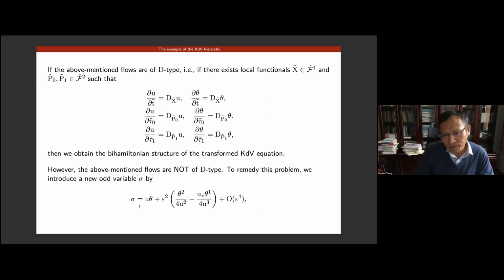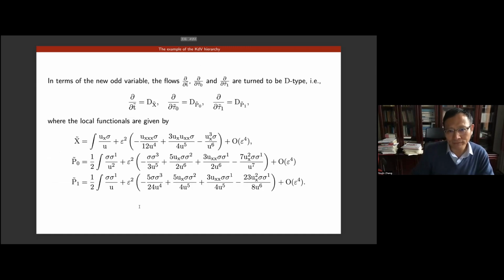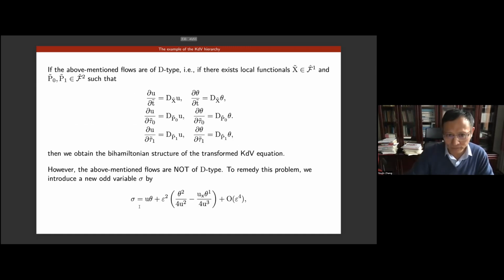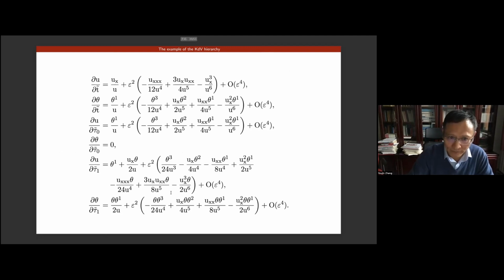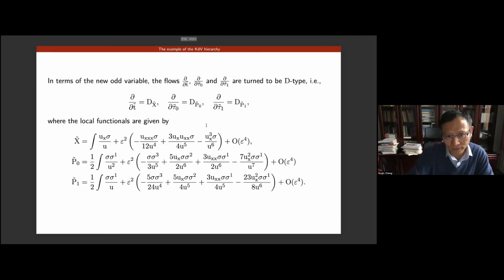Then after using this new odd variable, we can represent the transformed super extension of the KdV equation, writing sigma instead of theta. And then it turns out that with this new representation, the evolutionary vector fields are D-type.